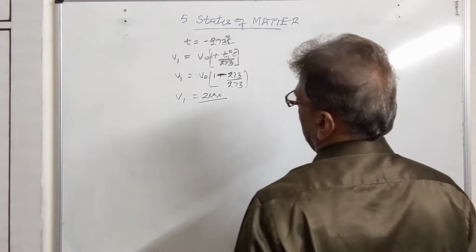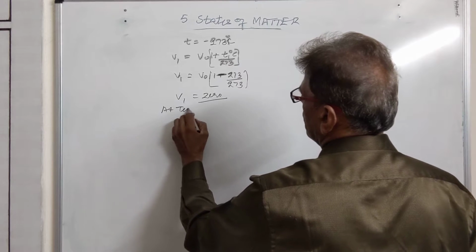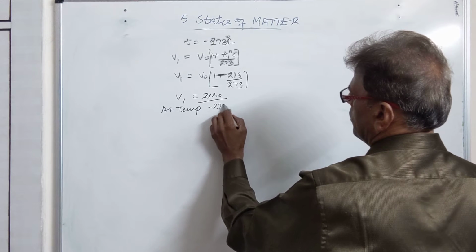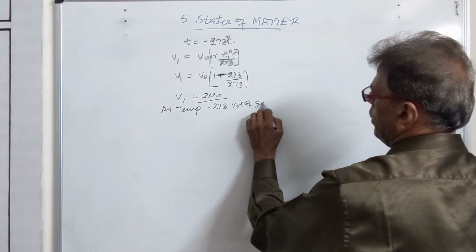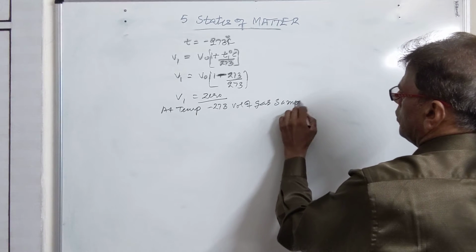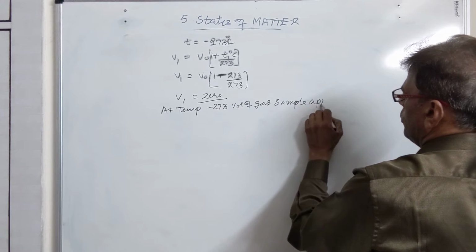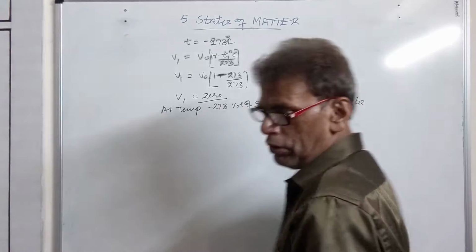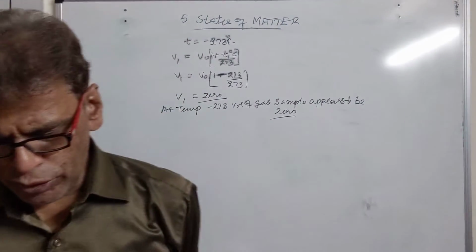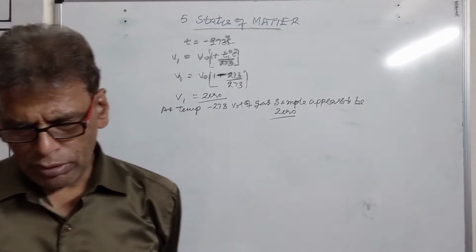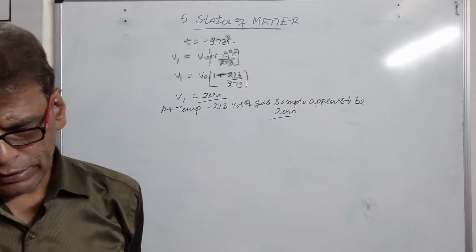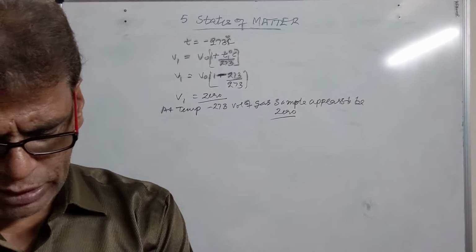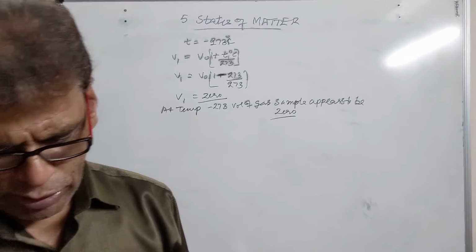So you can say that at temperature minus 273, the volume of the gas sample appears to be 0. This is also called absolute zero. So in this case we have derived that at absolute zero or minus 273 degrees, the volume of the gas will appear 0.